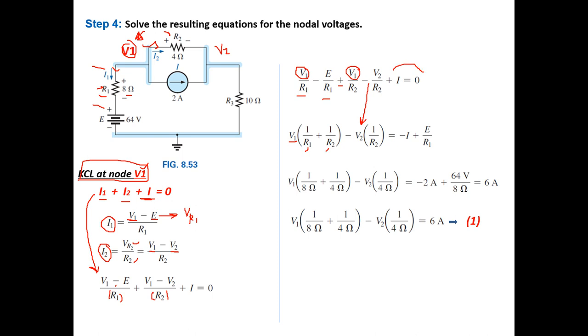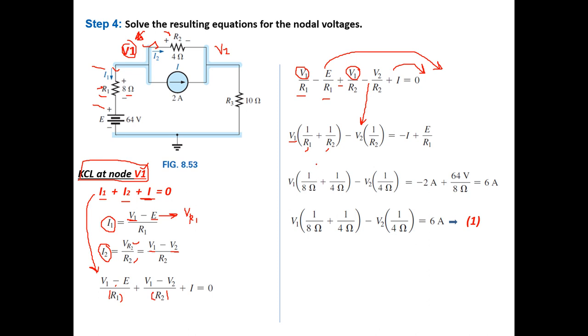He took this one to the other side. It was positive, so it will now be negative. And taking this one again to the other side. Why take these values to the other side? Because they are known values. We know the source, we know the value of R1, we know the value of the current source, so we can take them to the other side. So it will be minus I plus E over R1.